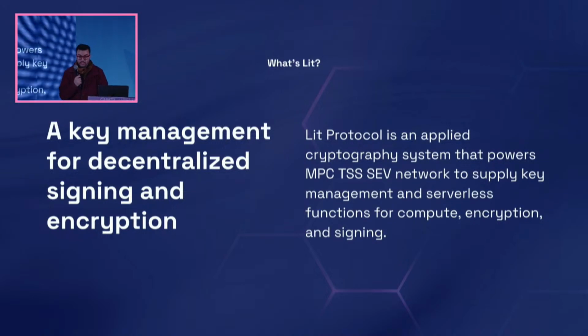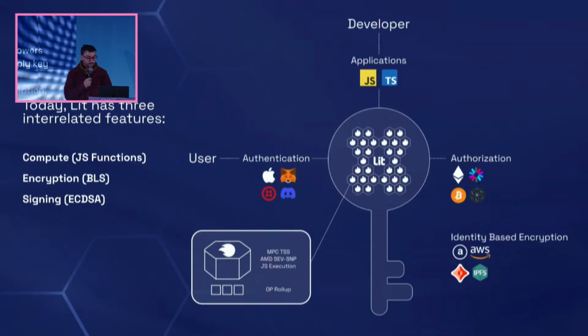And of course, it's a key management network, so the two fundamental features of the network are signing things, like signing a transaction, which we'll talk about today in the context of users and wallets, but the network also supports rules-based encryption for data marketplaces and licensing and user-owned data.